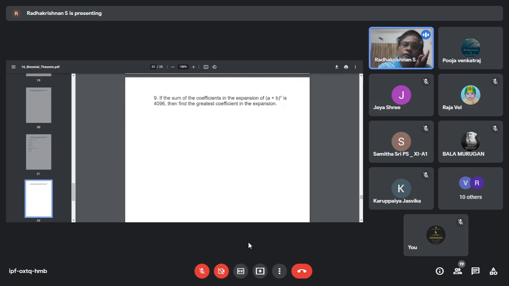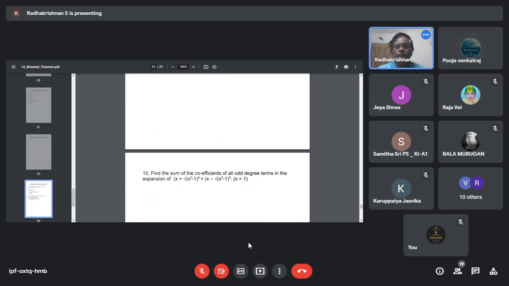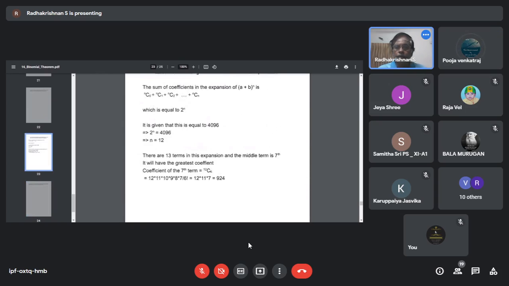We know that n is equal to 12. So what will be the seventh term in the binomial expansion? 12C6.